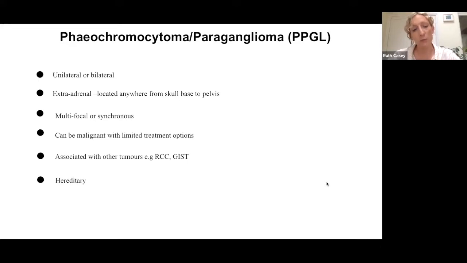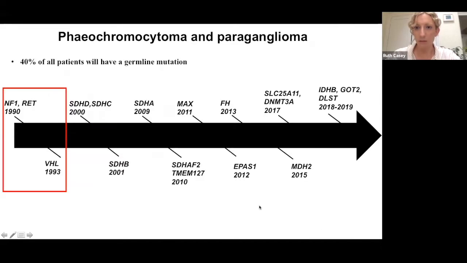And actually, pheochromocytomas and paragangliomas are now considered to be the most heritable of all tumors, and approximately 40% of patients will have a germline genetic predisposition. Okay, so many of us will be aware of the genes implicated in the most common syndromic presentations of pheochromocytomas, such as the neurofibromatosis 1 gene or NF1 gene, which causes neurofibromatosis type 1, the RET gene, which causes multiple endocrine neoplasia type 2, and the VHL gene, which causes von Hippel-Lindau syndrome.